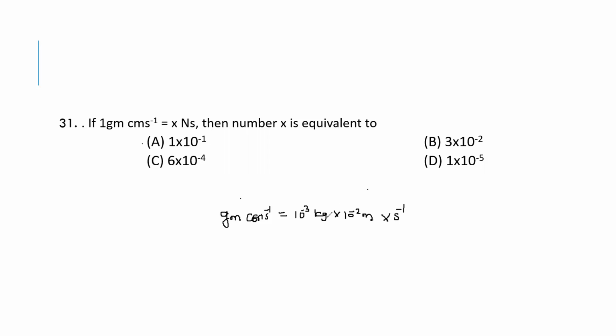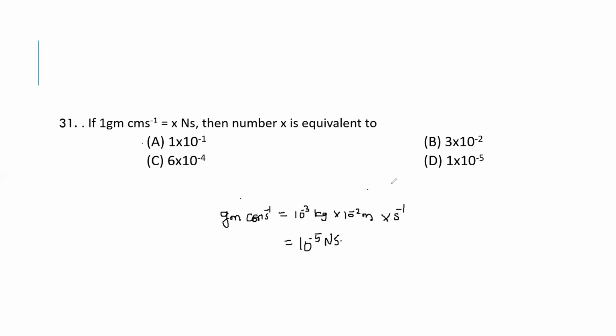So this is equal to, it is nothing but 10 raised to minus 5 Newton second. Right? That is, option D is the correct option here.